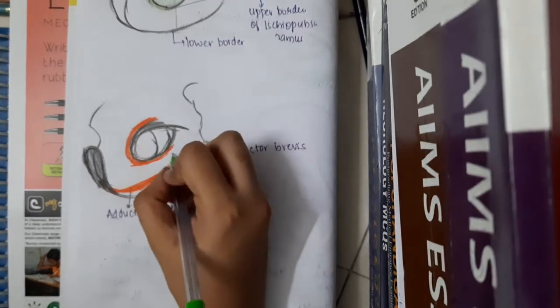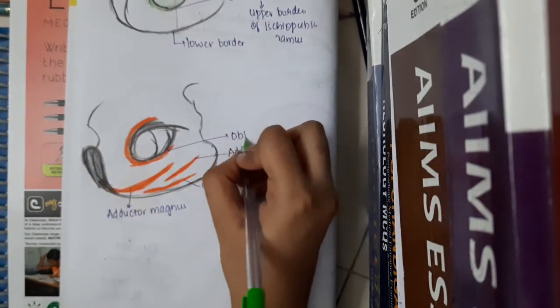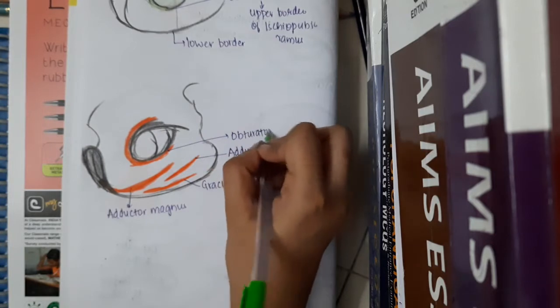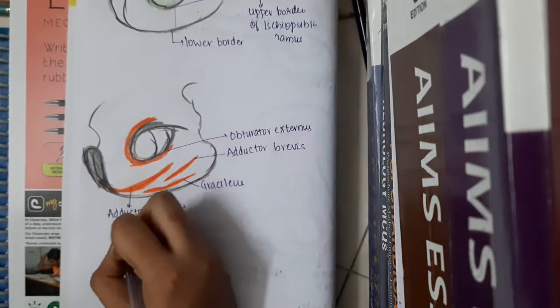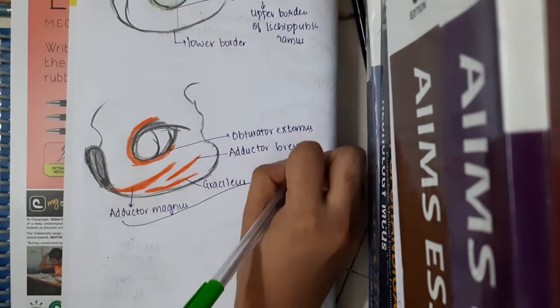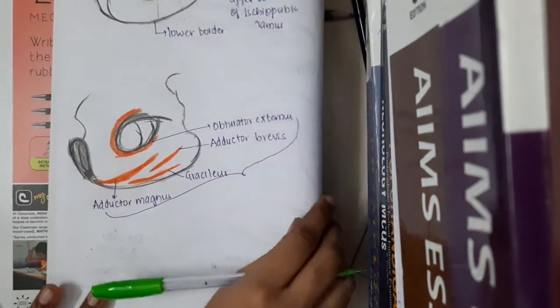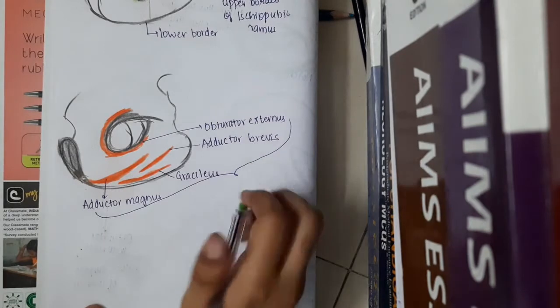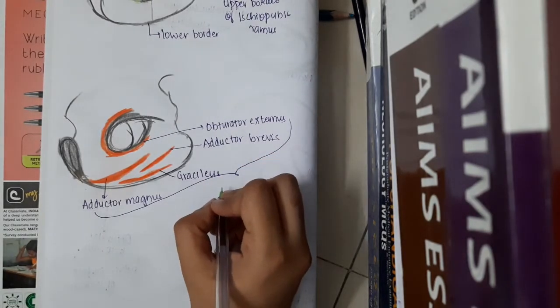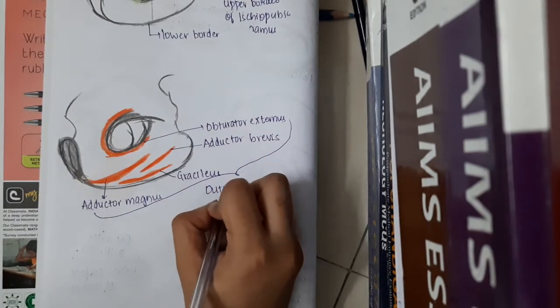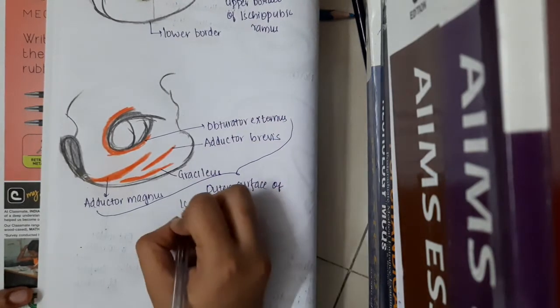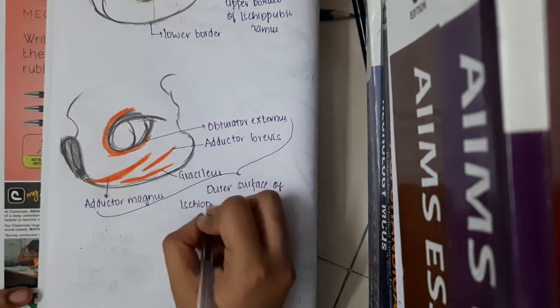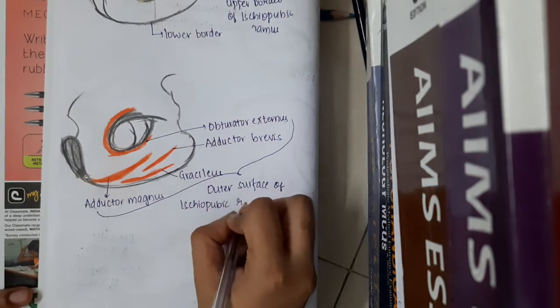And here we have obturator externus. All these, adductor magnus, gracilis, adductor brevis, and obturator externus, arise from the outer surface of the ischiopubic ramus.